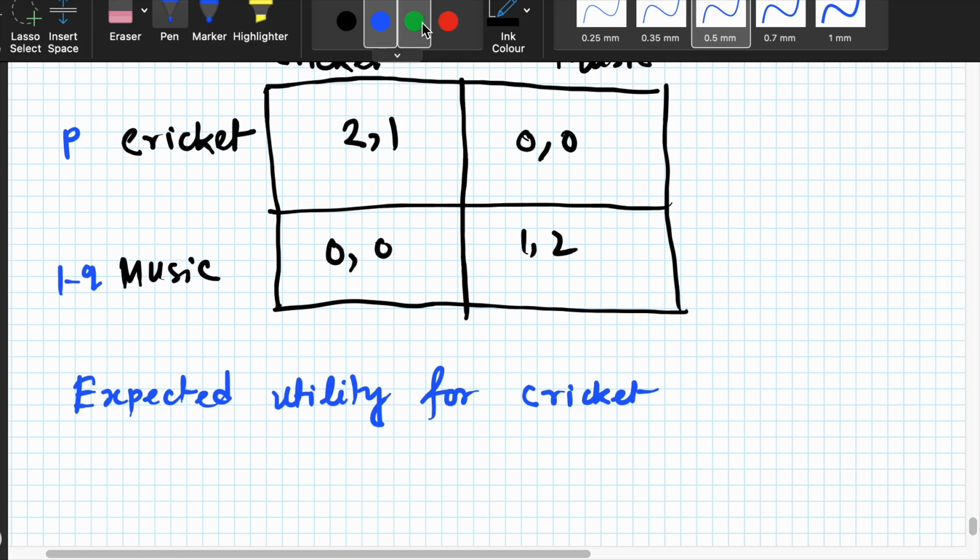This is 2 into q plus 0 into 1 minus q, so that is 2q.